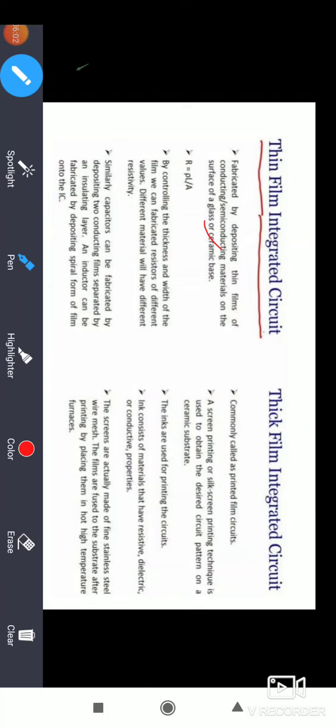This thin film IC is fabricated by depositing some semiconductor material.